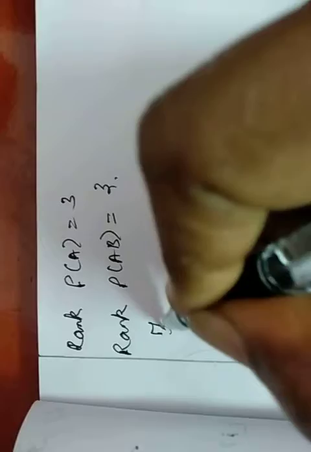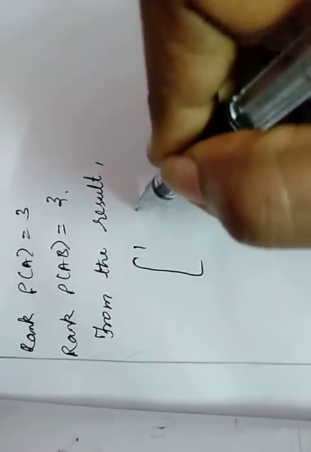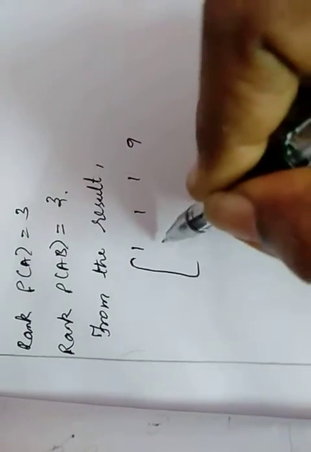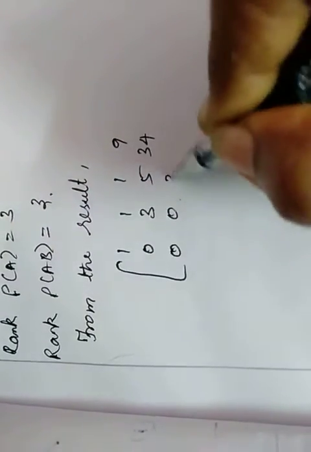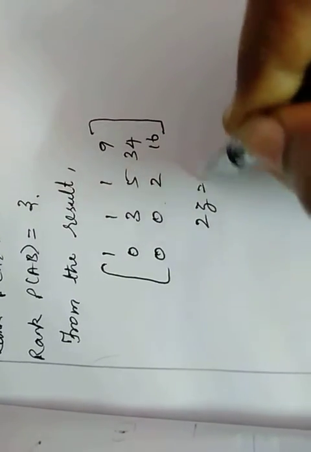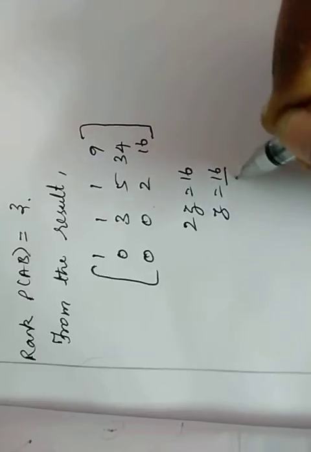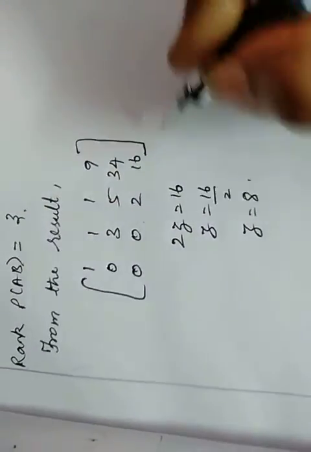So here these are x elements, these are y elements and these are z elements. 1, 1, 1, 9, 0, 3, 5, 34, 0, 0, 2, 16. From the last row, I'll write 2z is equal to 16. So z is equal to 16 divided by 2. z equals 8.